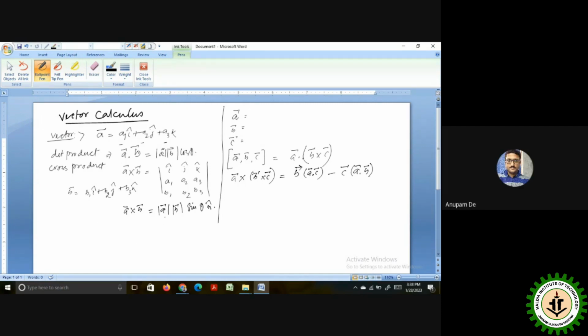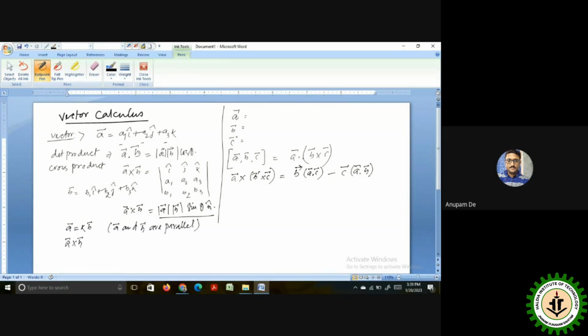So due to this particular result, we also know that if two vectors A and B are parallel, then A can be written as k into B, right? So A and B are parallel. And when they are perpendicular to each other, then what happens?